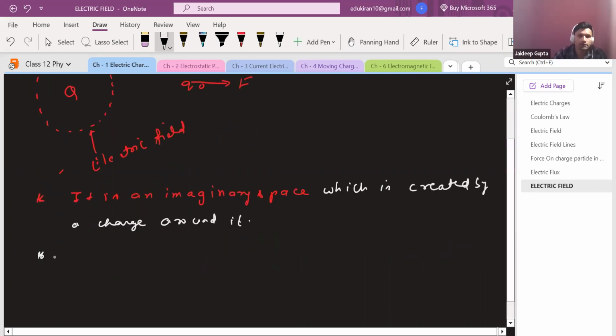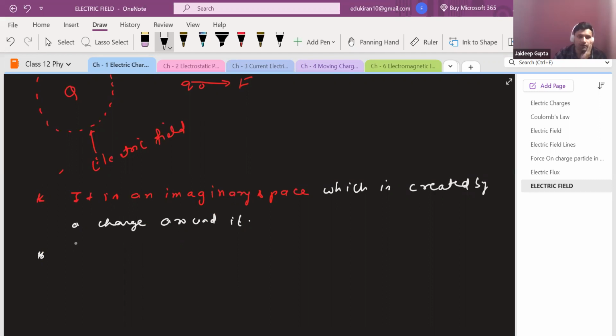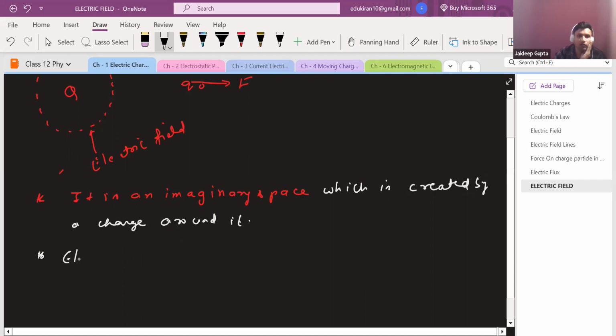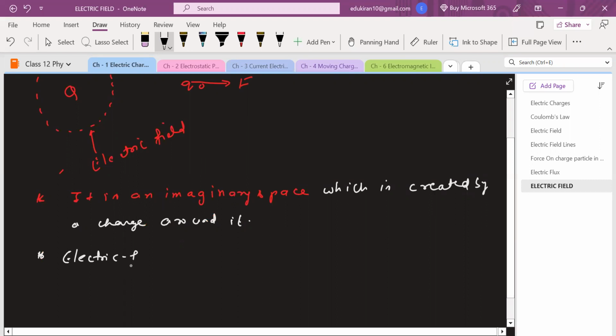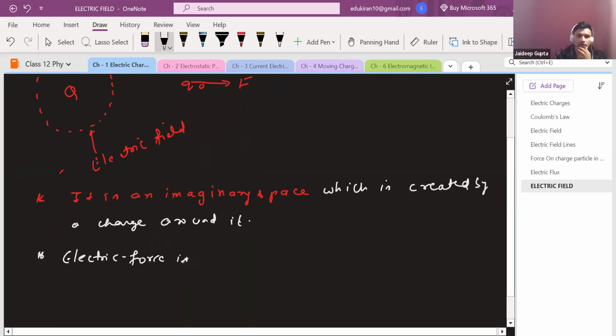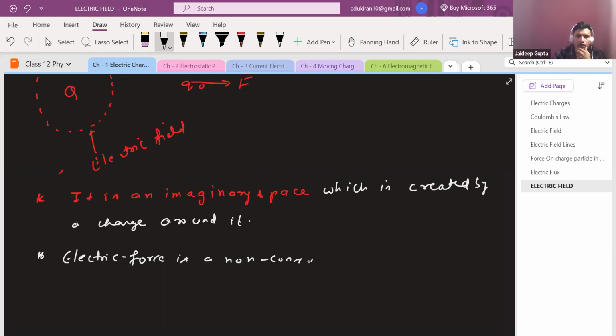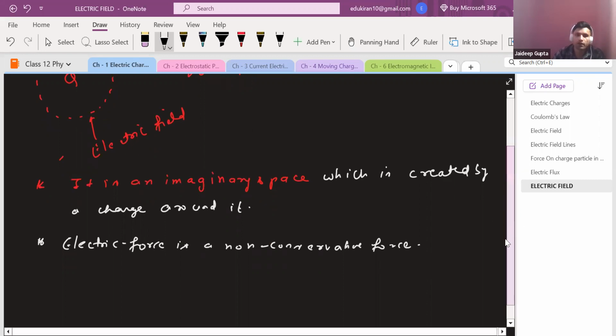Fine. Second, it is an imaginary space which is created by a charge around it. Basically, electric force is a non-conservative force. Okay, so electric force is a non-conservative force. Is it okay? Shall I move further?